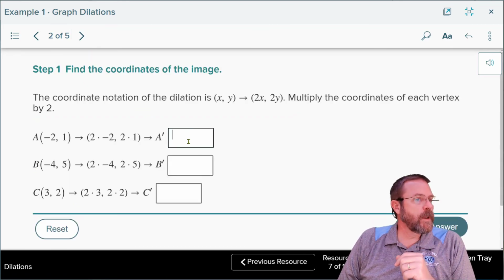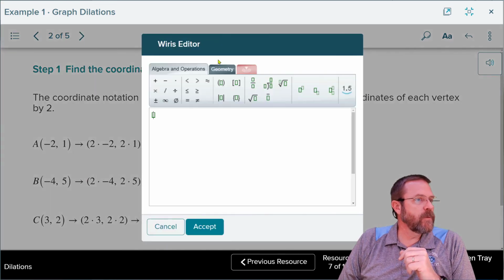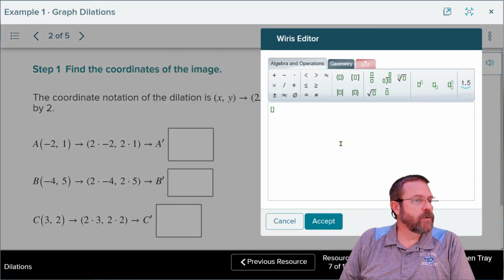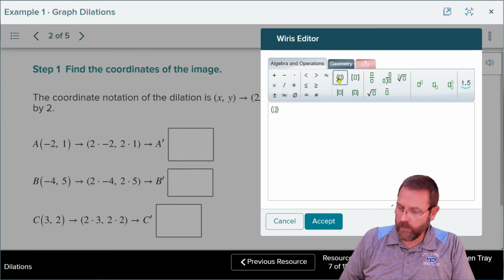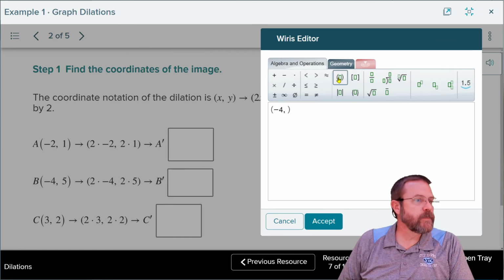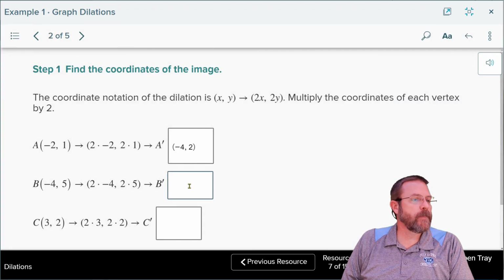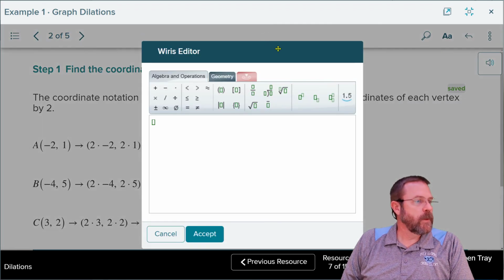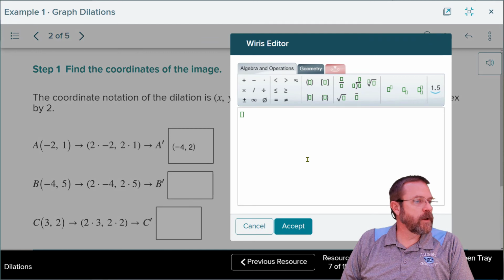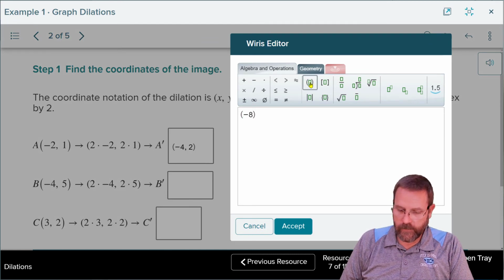So the point A is going to end up becoming, when we multiply everything by 2, 2 times negative 2 is going to be negative 4, comma, 2 times 1 is going to be 2. We're going to accept that. The next point is going to be multiplying (negative 4, 5) times 2. So negative 4 times 2 is negative 8.